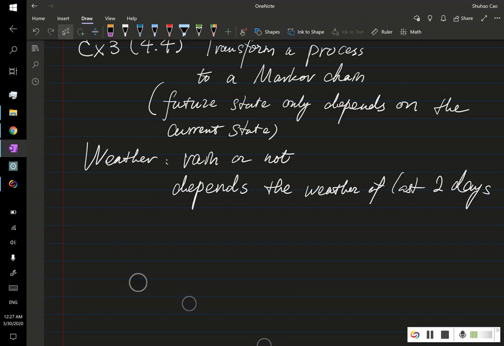So let's denote R as rain and S as not rain.